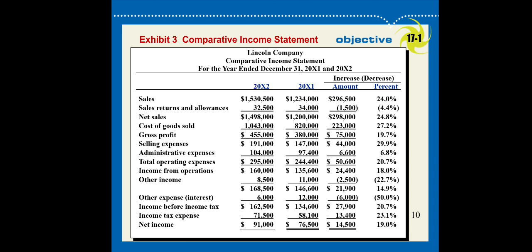If you only see columns 3 and 4, you will say that the financial performance of this business is good, is getting better, because in year 2000x1 the profit is 76,500. In year 2000x2 the profit increases to $91,000, and you will say, oh, this business is getting better because the profit has increased. That is your general conclusion.